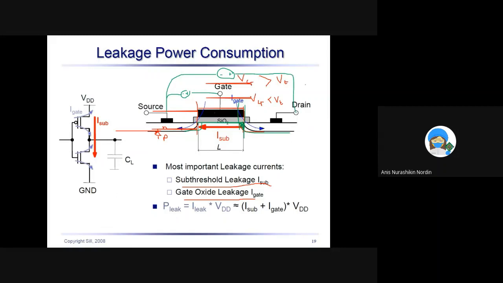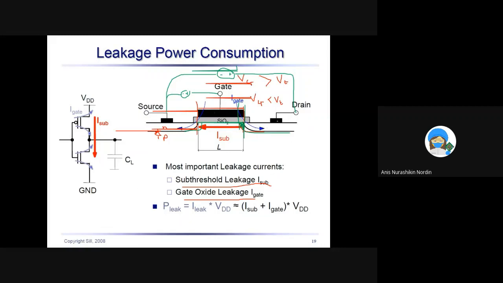So VDS: when your channel length is small, the voltage over here, let's say, is 1 volt, but it's 1 volt across 1 nanometer or 6 nanometers. So the voltage density is very high in this area.